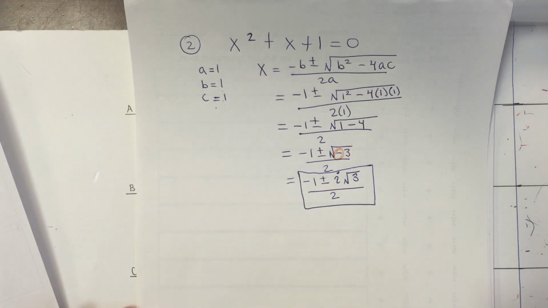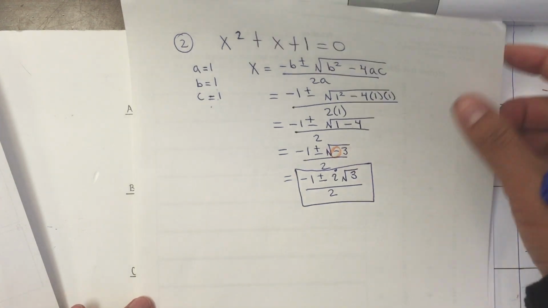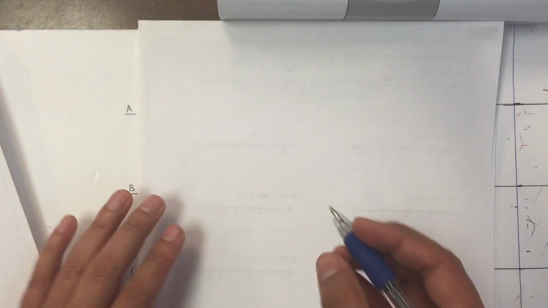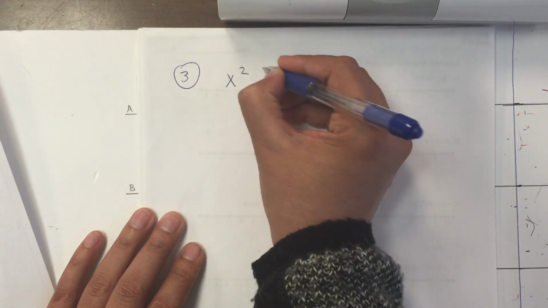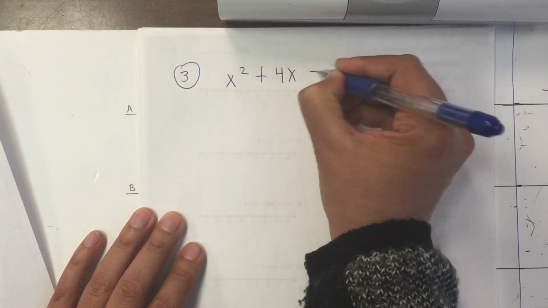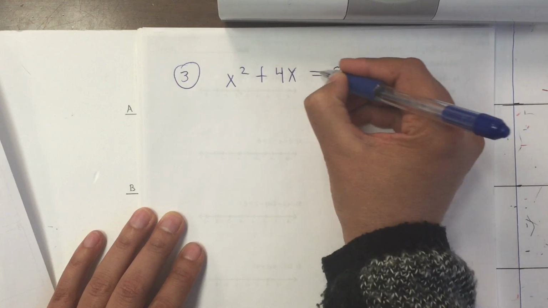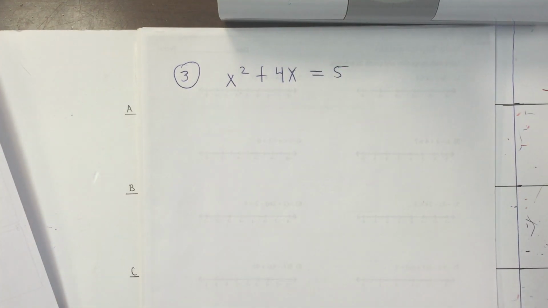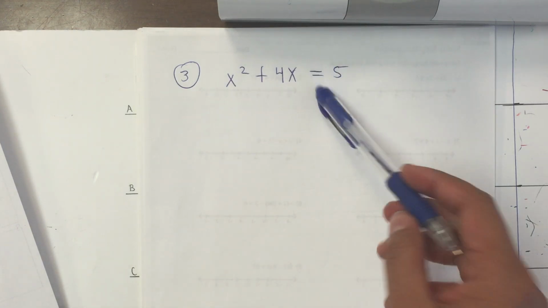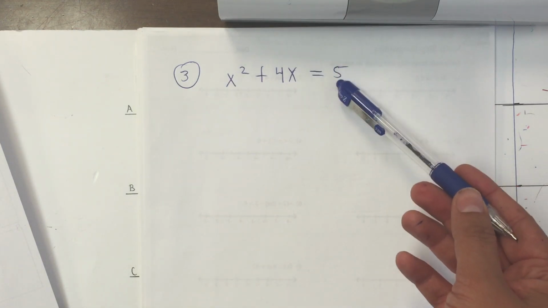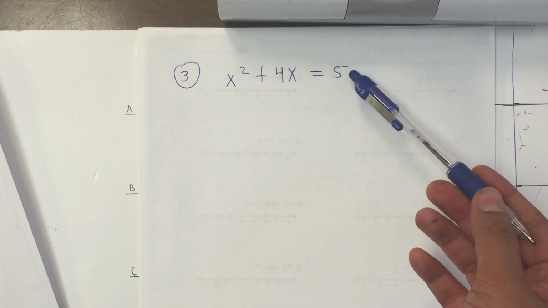Okay, another example. Now in here, there's something different. If you recall, we need to have everything equal to 0.